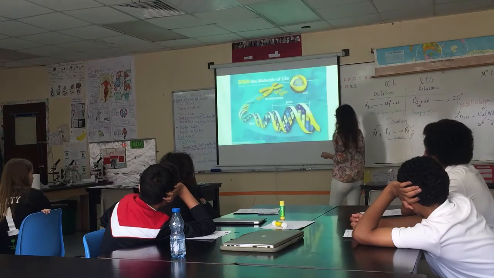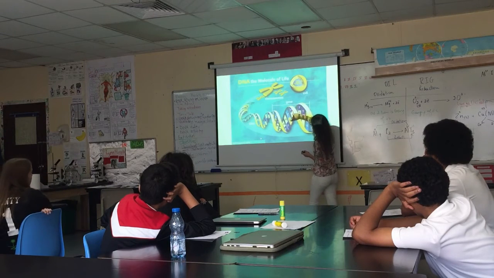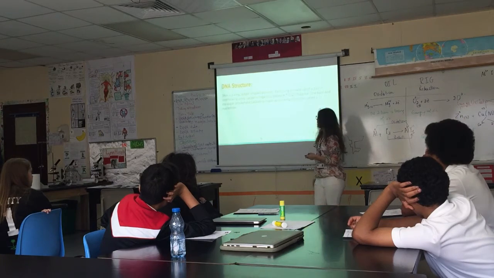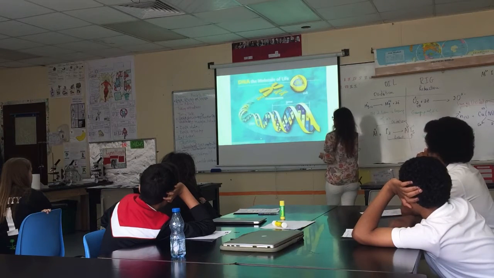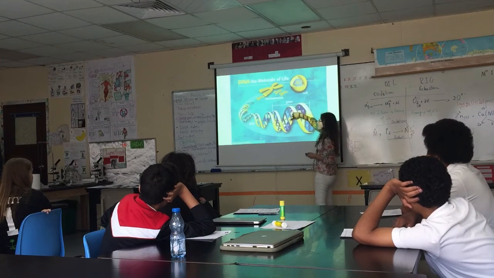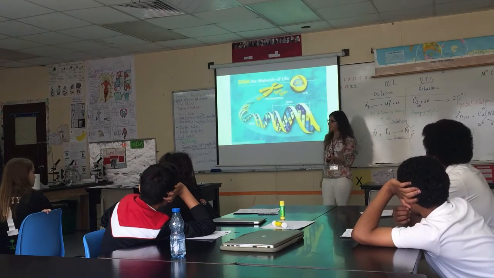Each rank, what do you mean by rank? The lines, yes. The parts are here. So those are the ranks. Made of what? Made of units. We call them nitrogenous bases. So this part we call nitrogenous bases.